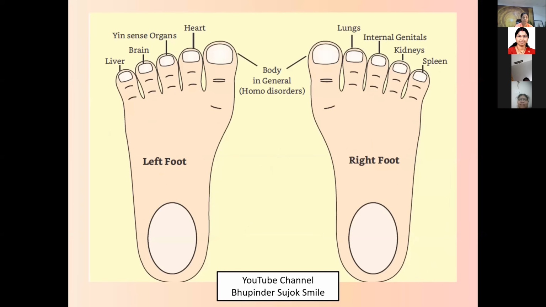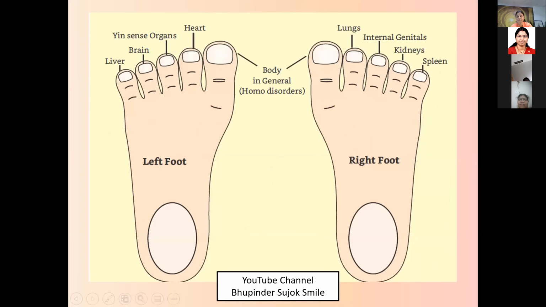Now in the foot, left foot, liver, and ring toe is brain, and left foot, middle toe is connected with yin sense organ, and then ring toe is connected with heart, right foot.